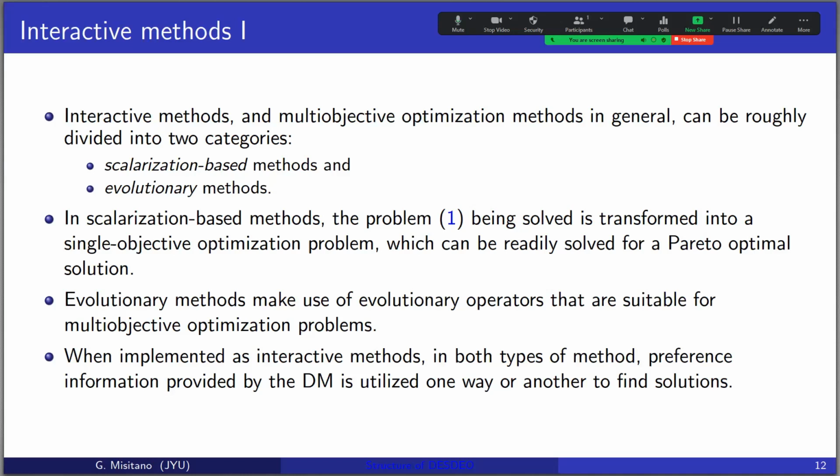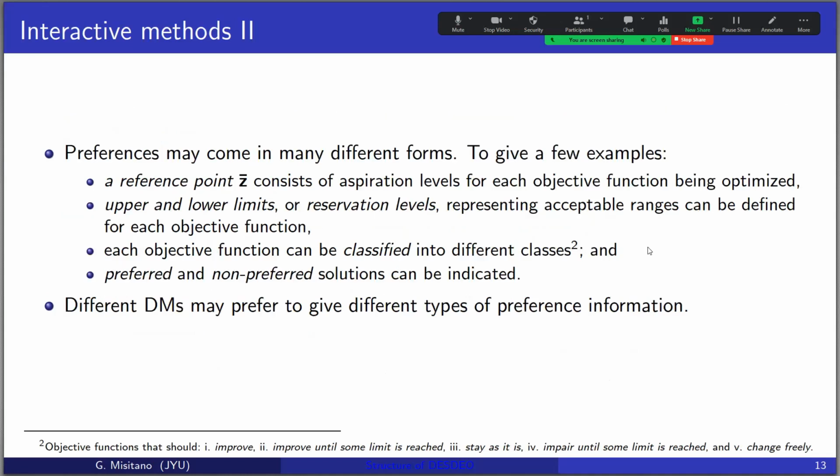So evolutionary methods are based on heuristics. And with preferences, they come in different forms, and different decision makers might prefer to express their preferences in different formats.